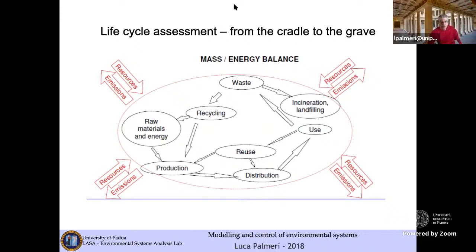And for example, we build a life cycle assessment from cradle to grave, you may remember. So from the creation of an organism to its destruction, when you may describe all the flows and exchanges among the various elements appearing in the life cycle as a box and arrows schema describing interactions between the various elements.